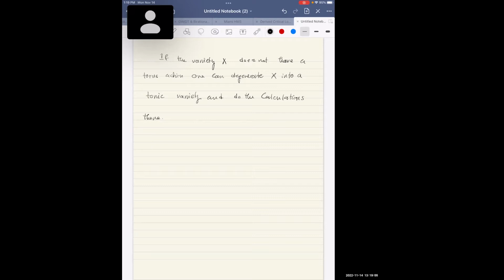So let's talk about degeneration of sheaf moduli spaces, and relative DT theory.